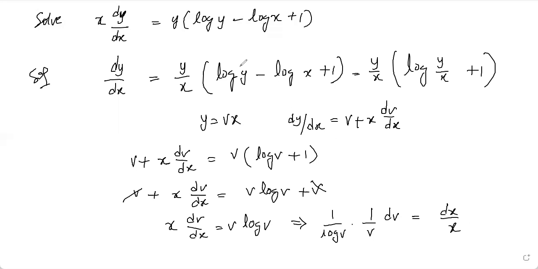Now let us integrate this. Integral of 1 by log v into 1 by v dv is equal to integral dx by x.